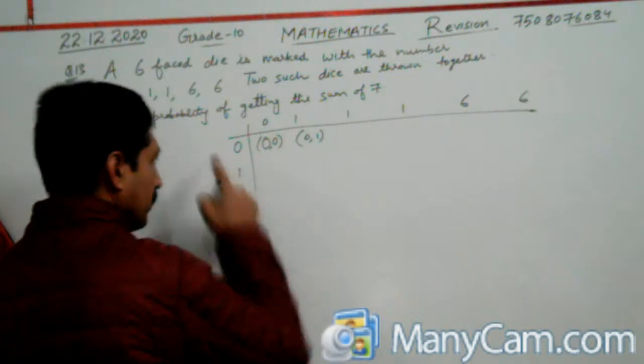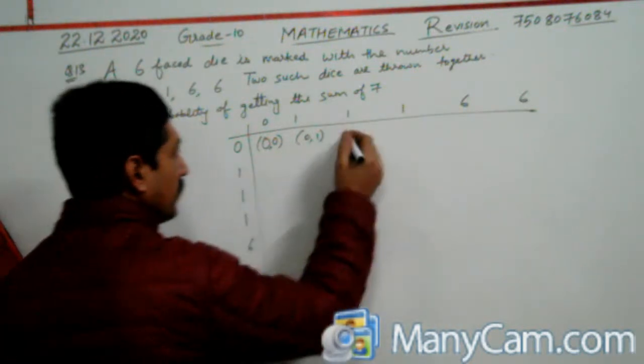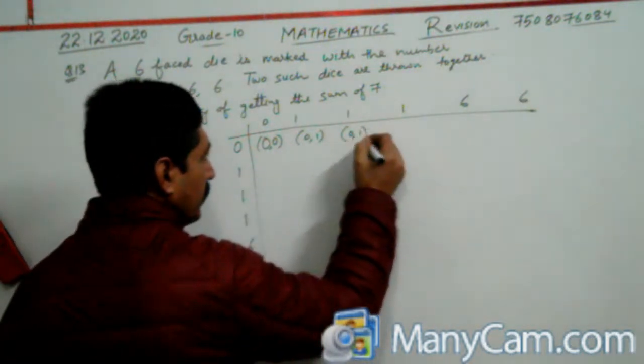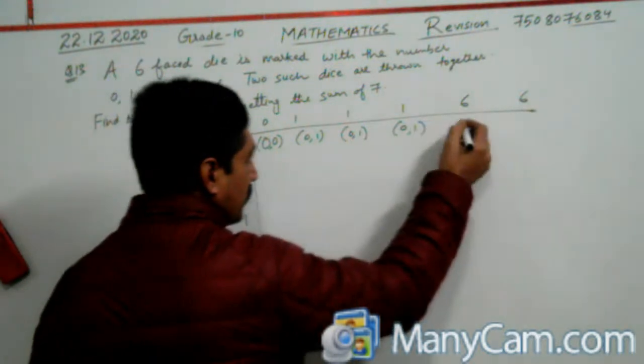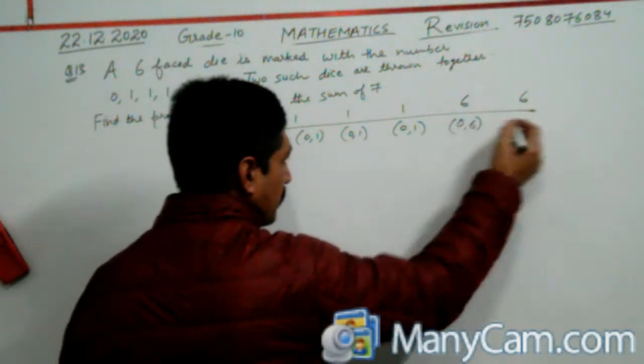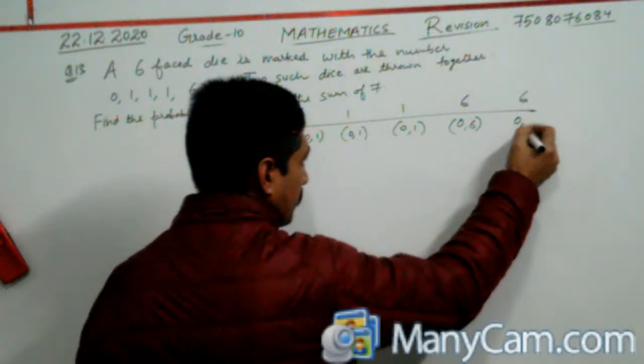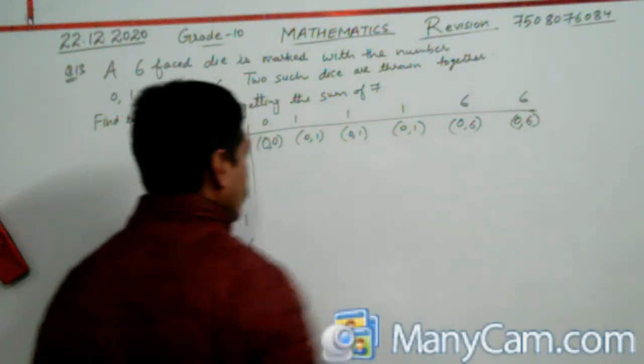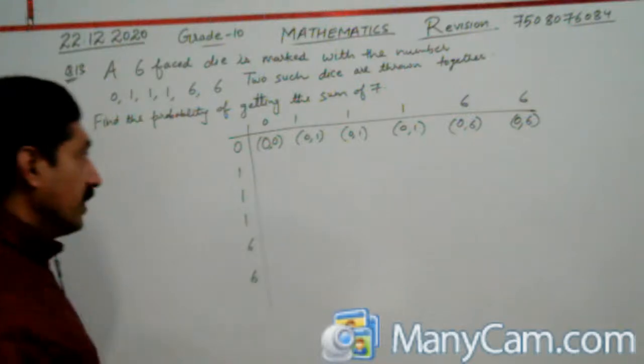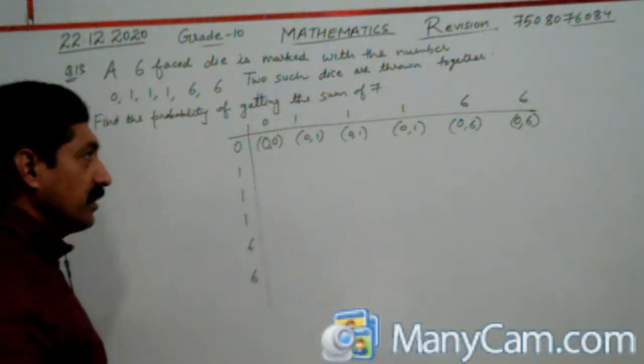So we have 0 1, 0 1, 0 1, 0 6, 0 6, right? 0 0 can come, 0 1, 0 1, 0 1.